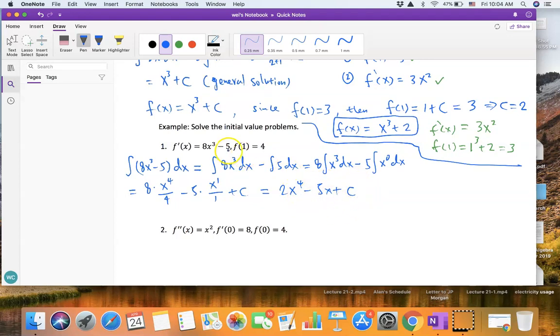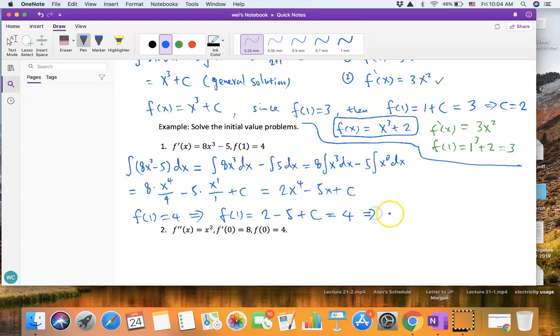Now, we use this initial condition to determine c. Since f(1) equals 4, f(1) equals 2 times 1 minus 5 times 1 plus c equals 4.